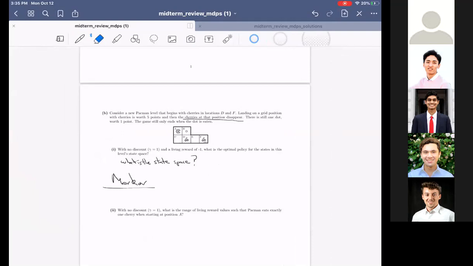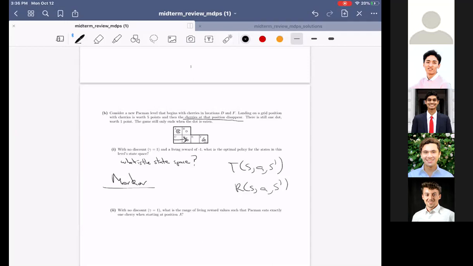Another way to express that is that your transition function T(s, a, s') and your reward function R(s, a, s') never change. Whereas if our original state space was just A, B, C, D, E, F, then after you eat the cherry, the reward from C to D would be different, if you've already eaten the cherry.